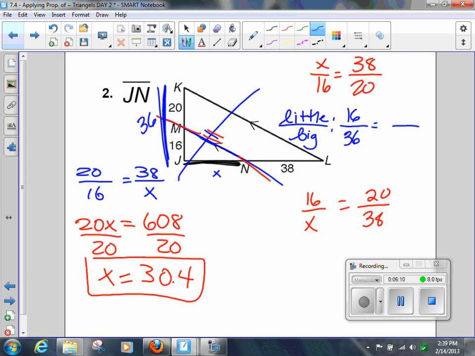Go to the other side. What's my little side? X. What's my big side? Be careful. X plus 38, 38 plus X. Remember, you're adding. So it could be this. And folks, if you were to solve that, you'd get the same answer. You'd still get 30.4.